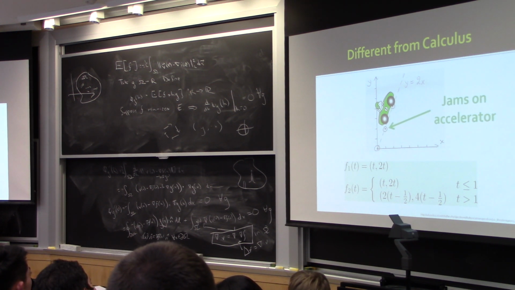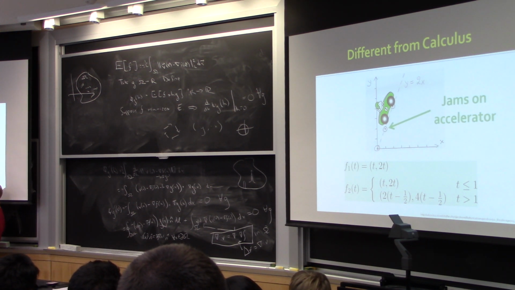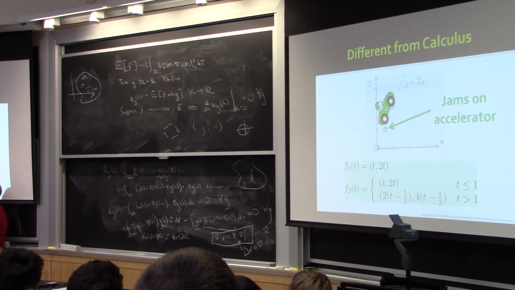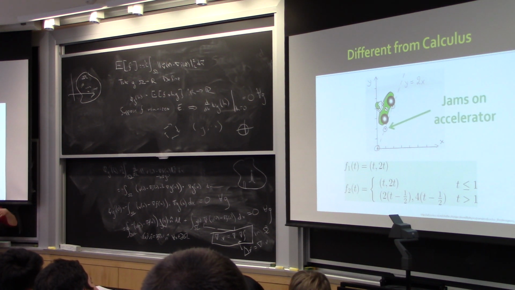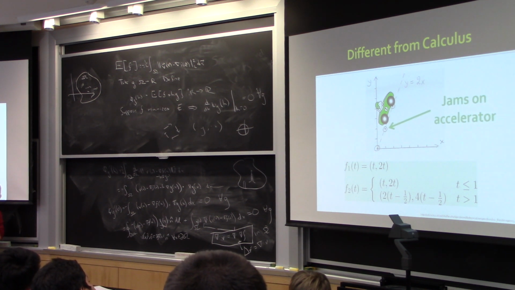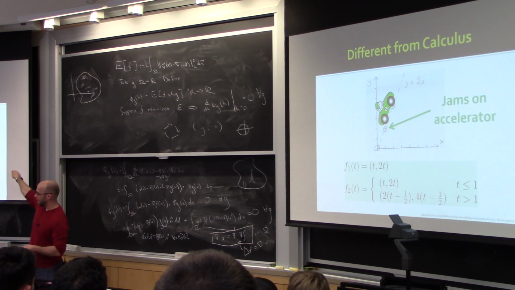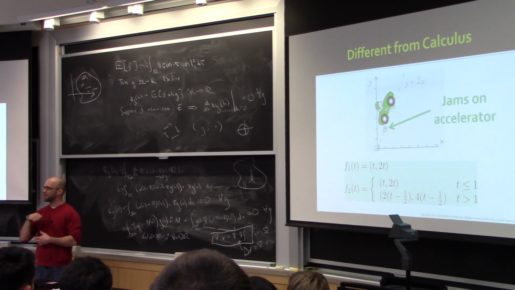The other one is t comma 2t when t is less than 1, and when t is greater than 1, like this little dude in his race car jams on the accelerator and it zooms 2 times as fast. I would argue that these are the same objects geometrically, even though from a calculus perspective they're quite different. A curve really is like the exhaust coming out of the back of the car. It's not the car itself and the path over time.